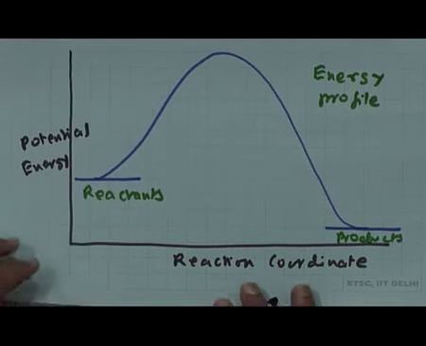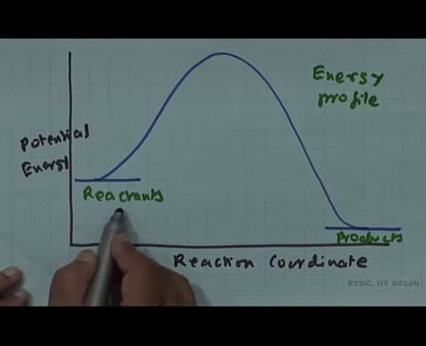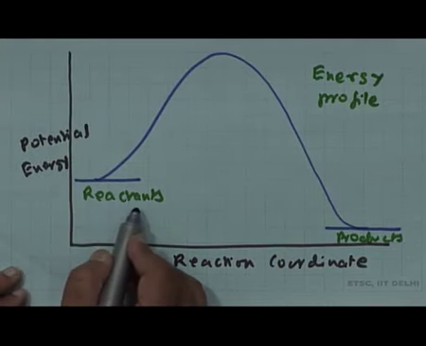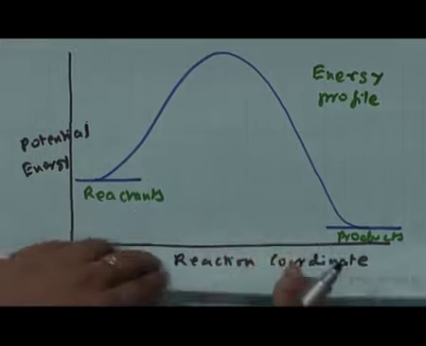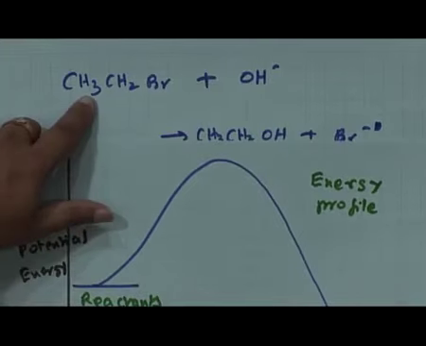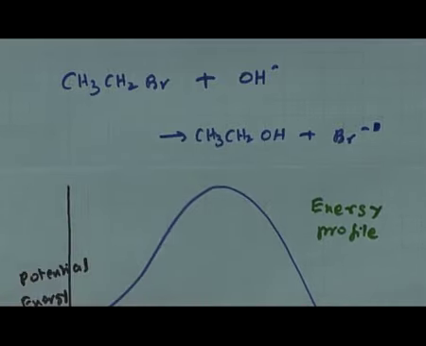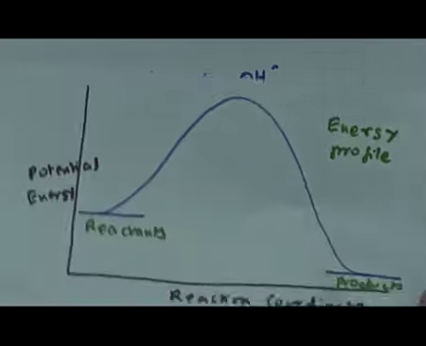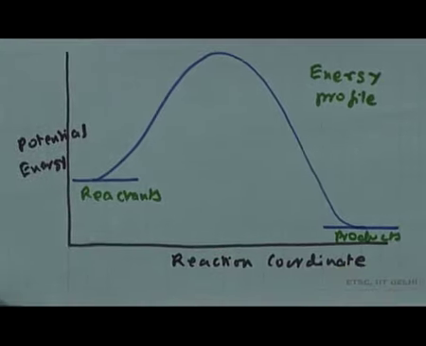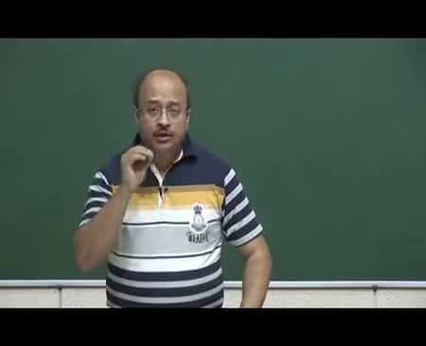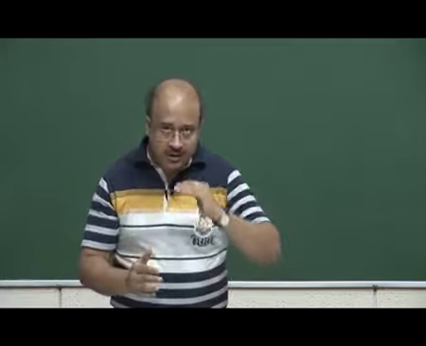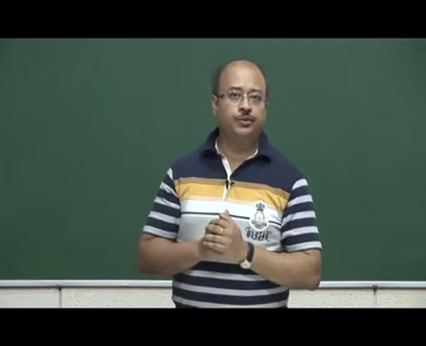So what it is telling you is that at the reactant side you have CH3CH2Br and OH minus. At the product side you have the two products, CH3CH2OH and Br minus. Now let us think about the reaction at the molecule level, that is, molecule by molecule.